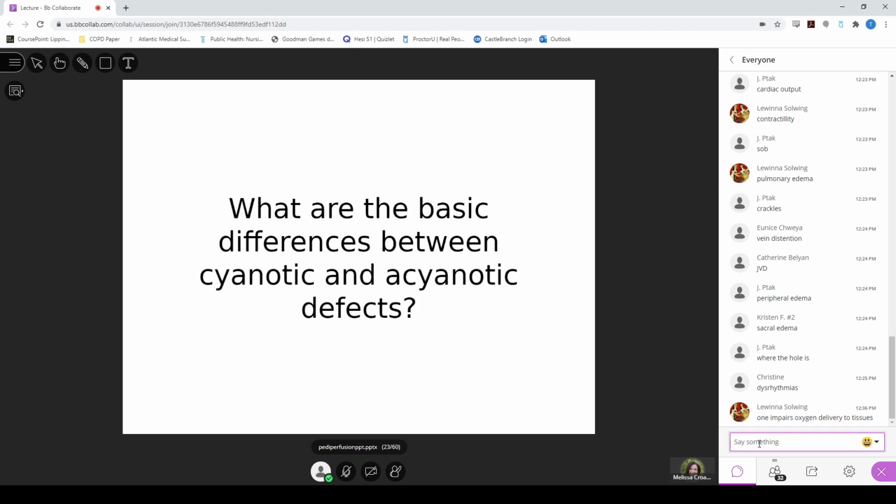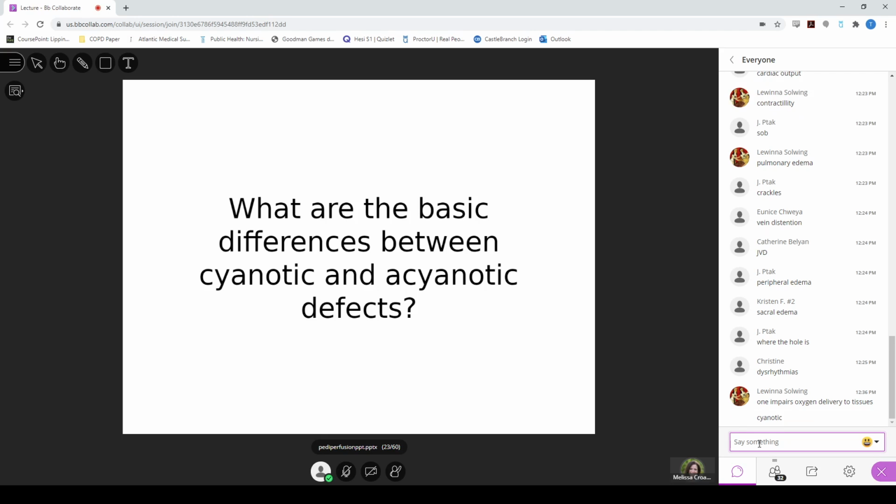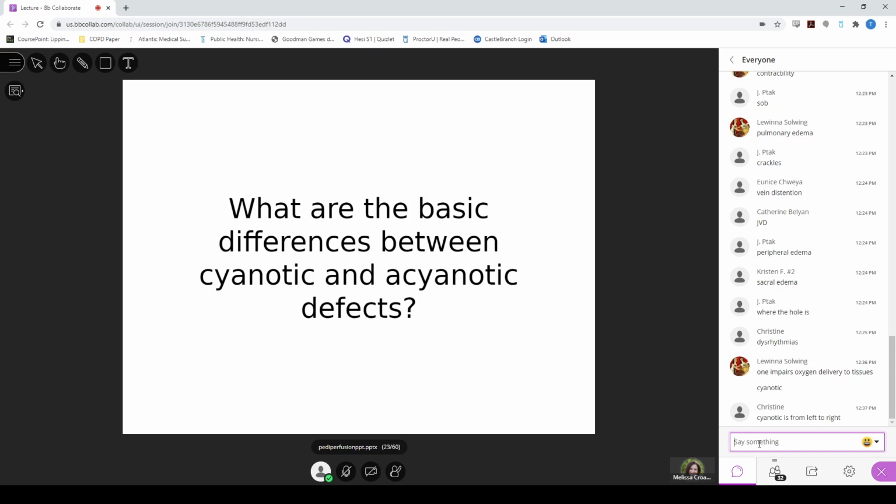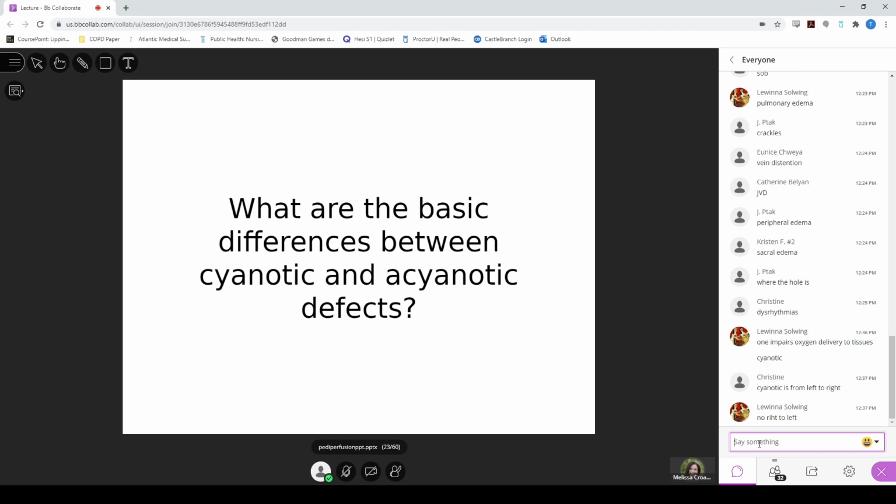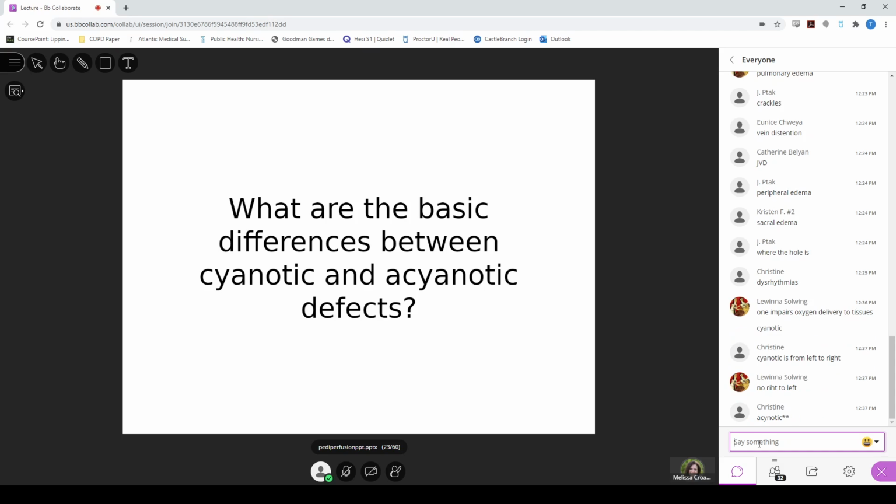Yeah, one impairs oxygen delivery. Which one? Okay, so cyanotic has abnormal circulation with unoxygenated blood entering the systemic circulation. And acyanotic has abnormal circulation, but the blood entering the systemic circulation is oxygenated.